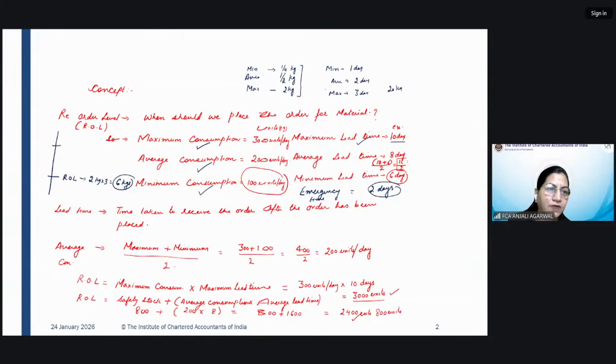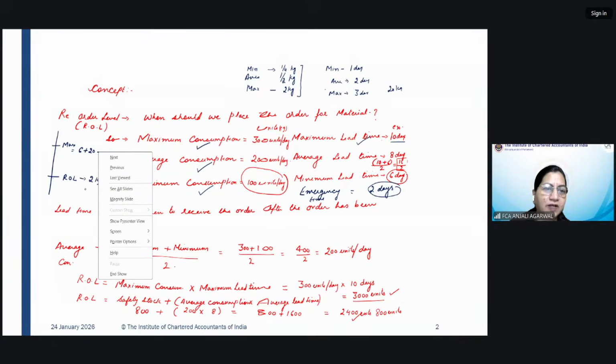Now, how will you get the maximum level? From this, when you had 6 kgs, you ordered 20 kgs. So your maximum level will be 6 plus 20. 26 kgs is the maximum quantity of flour you will have. But that is when you placed an order and you received it immediately.